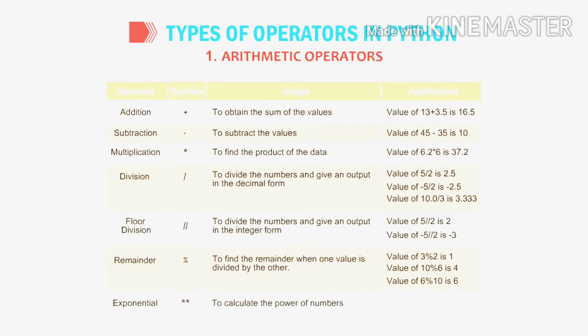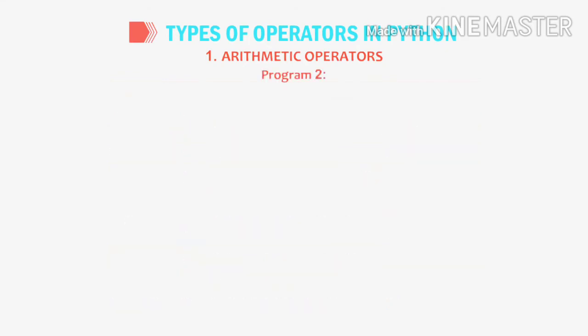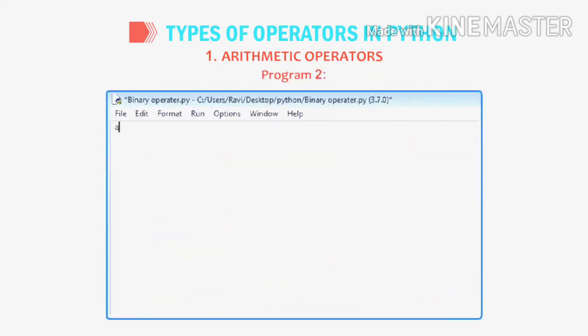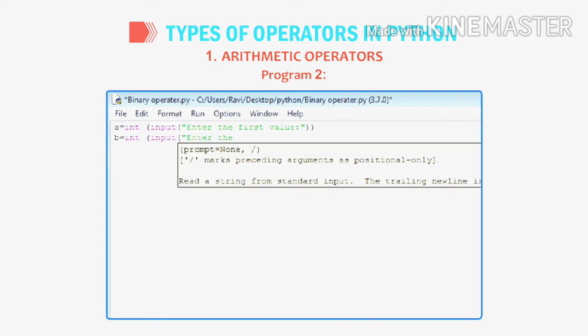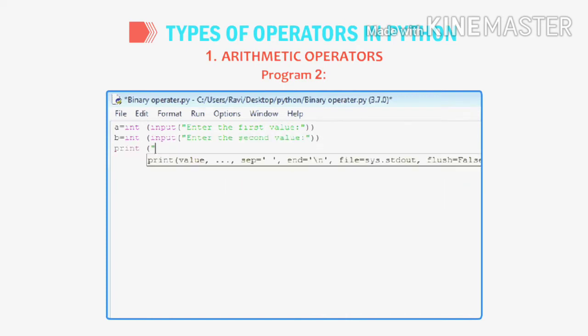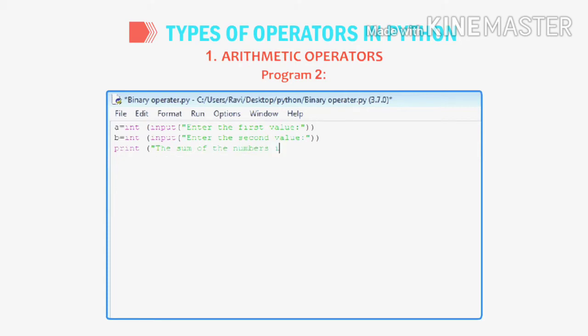For exponential, we are using the double asterisk, that is 2 ** 3, that gives 2 into 2 into 2, that is 8. Here is a program that shows how these arithmetic operators, that is binary arithmetic operators, are working. Here A is the int input. Enter the first value. Whenever the user gives the value, we are using int input.